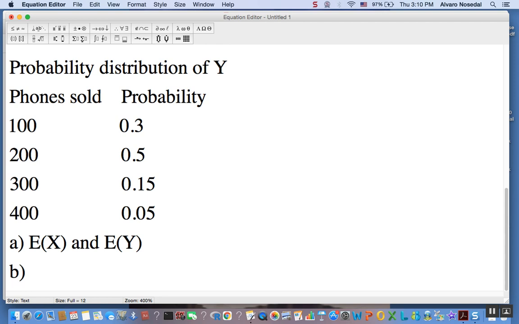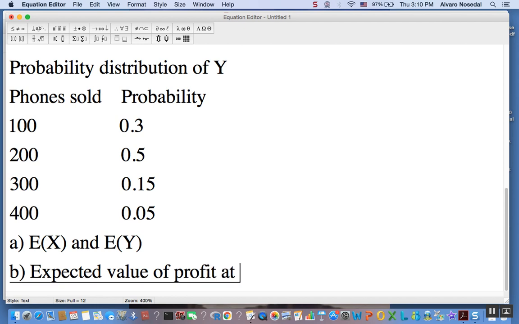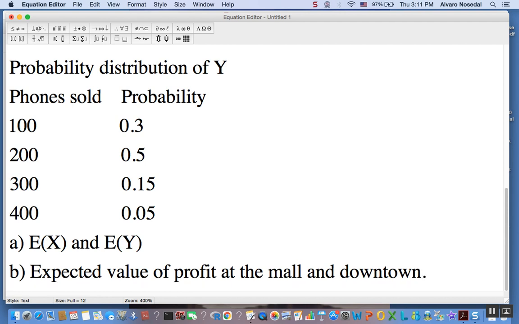And we would also like to find the expected value of the profit at the mall and downtown. Make sense? Okay.